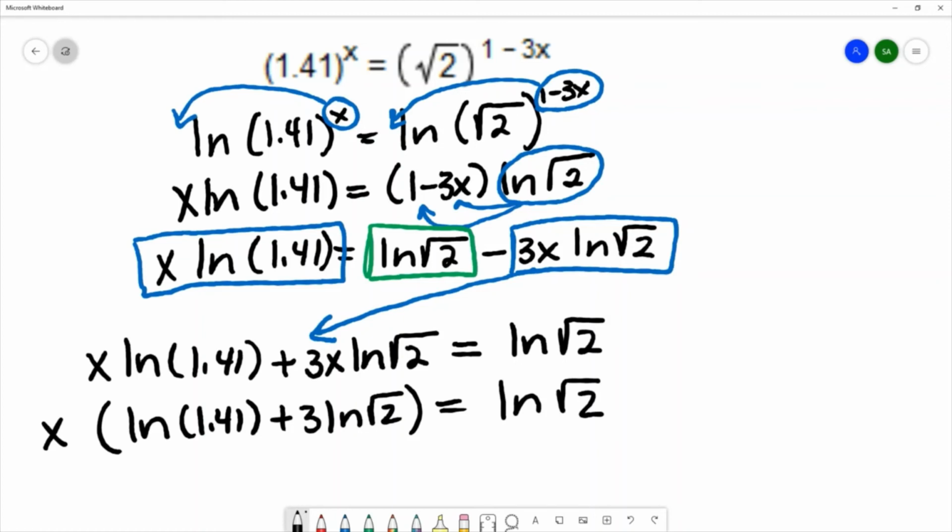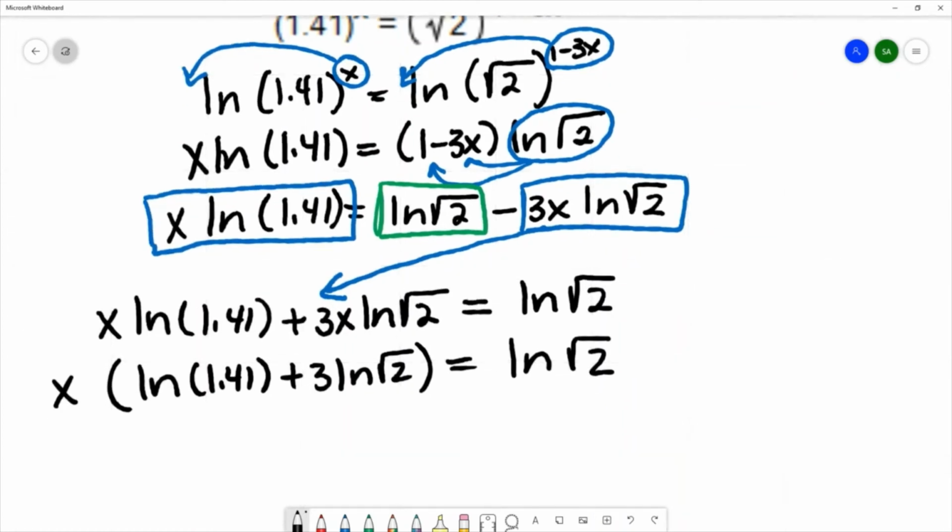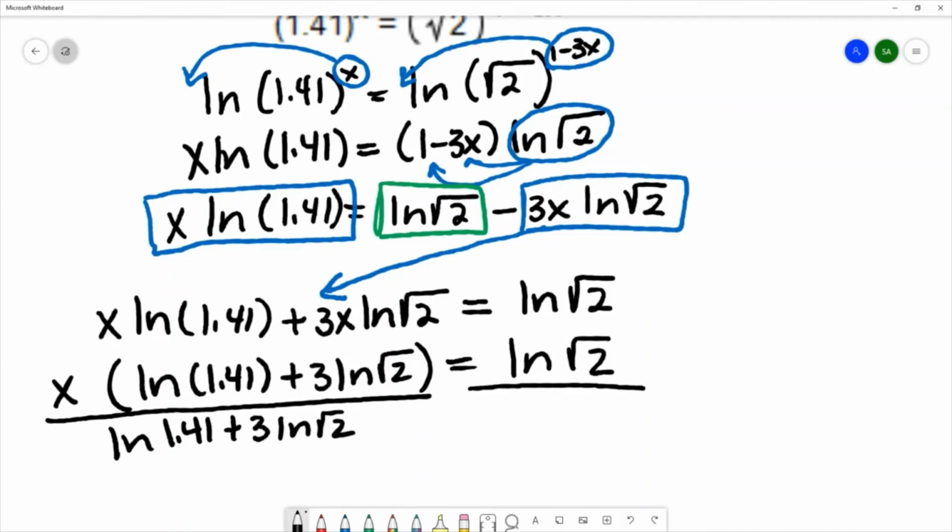Now I can isolate x by dividing by the parentheses. The parentheses is multiplied, so we're dividing to do the opposite operation. And we're going to do the same thing on the other side to keep our equation balanced. That's natural log of 1.41 plus 3 natural log square root 2.